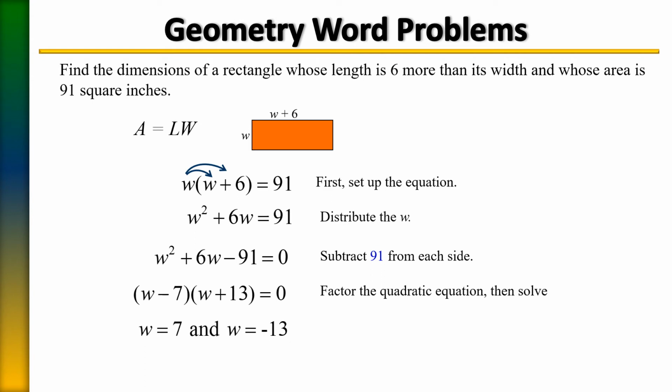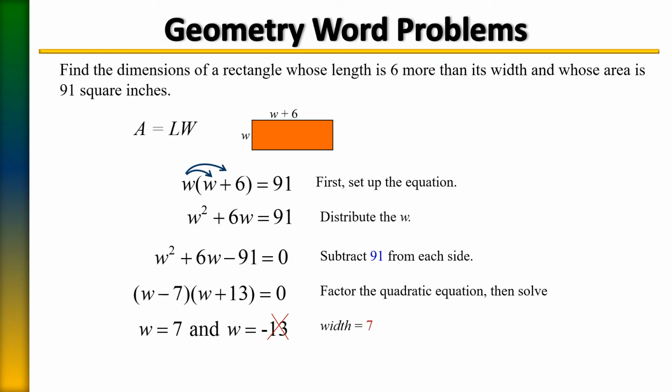So you just cannot use measurements in terms of negatives. Measurements are always thought of as positives. So therefore, we're going to throw out the negative, and that will leave us with just the width being 7.